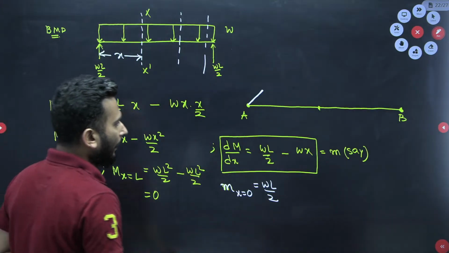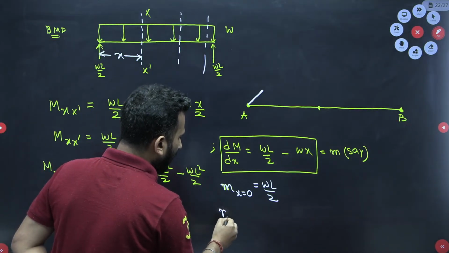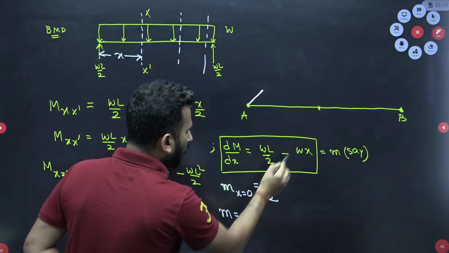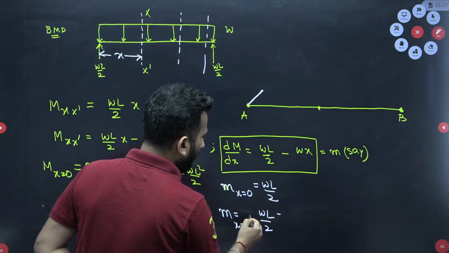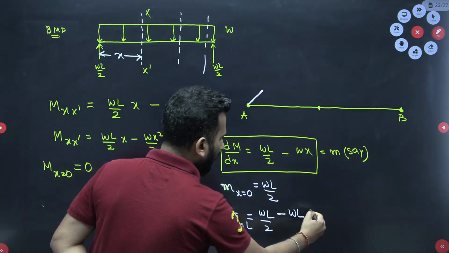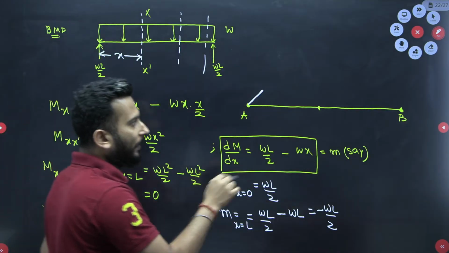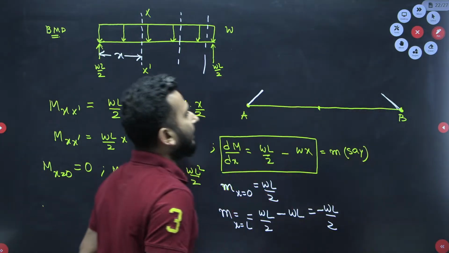Let me see at the end, what is the slope at x equal to L. So at x equal to L you substitute over here: WL by 2 minus WL. This is coming out to be minus WL by 2. So at the end the slope is negative. Negative slope means its face will be like this.